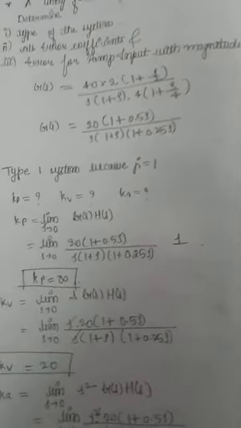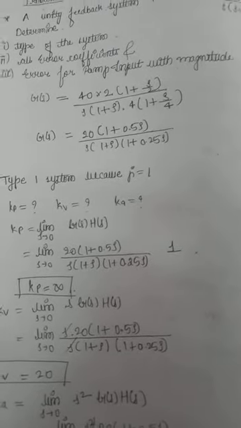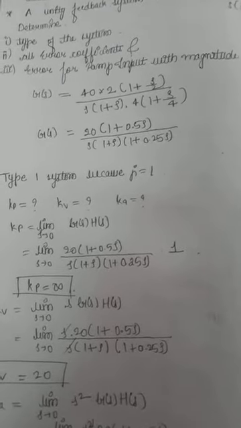After taking common, the numerator will be, because 4 into 10 is 40, so 10 into 2 is 20, (1 plus 1 divided by 2 s, that means 0.5 s). Again s into (1 plus s) into (1 plus 1 divided by 4 s, that means 0.25 s). We have written in the form of 1 plus T1 s, numerator as well as denominator.